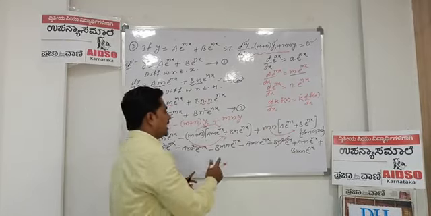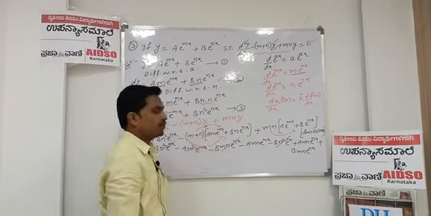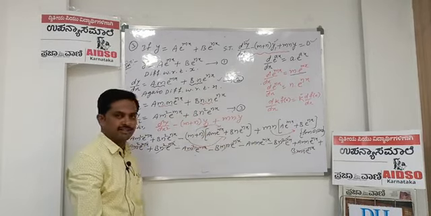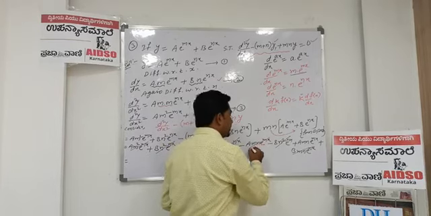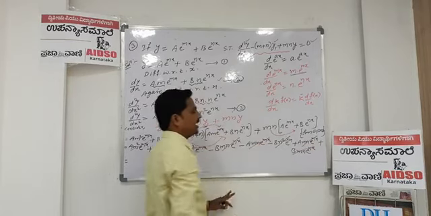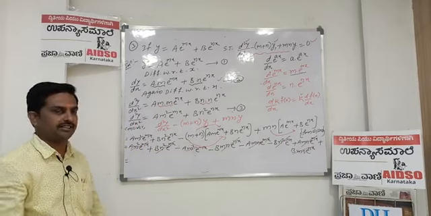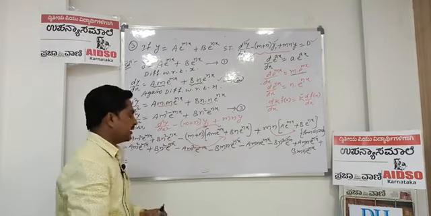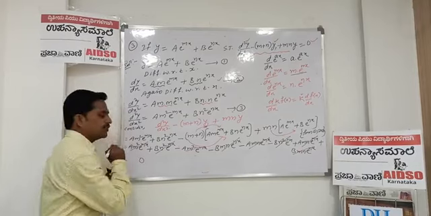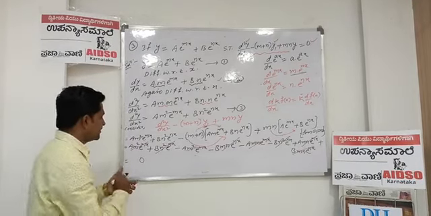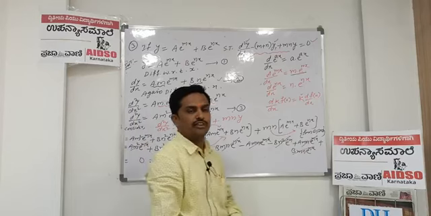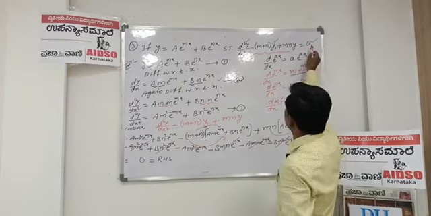Then further, minus bmn e raised to nx plus bmn e raised to nx get cancelled, and minus amn e raised to mx plus amn e raised to mx get cancelled. So the entire term will get cancelled, and what remains? 0, and this itself is nothing but our required RHS. This is nothing but the required RHS, that is equal to 0.